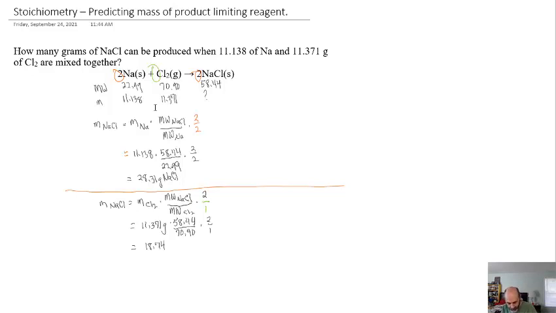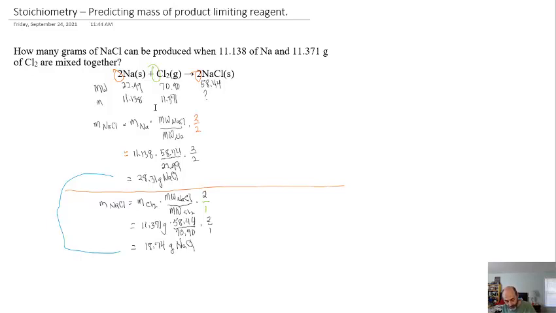Now we have to compare these two numbers, and clearly the 18.74 is smaller than the 28. Let's put units in here before I forget. So this is the theoretical yield.